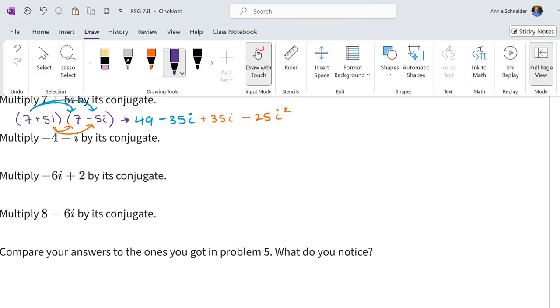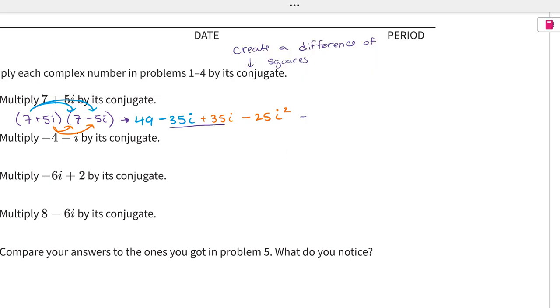So these terms add to 0. So with 49 minus 25 i squared. And remember, i squared is equal to negative 1. So this becomes 49 plus 25. So we end up with 74.